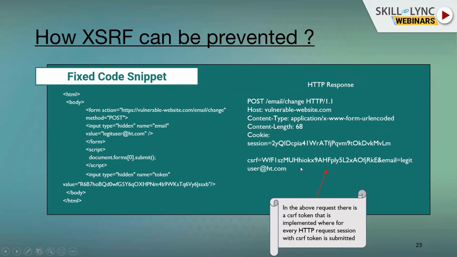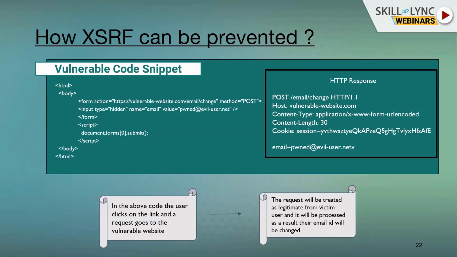The server will send a CSRF token and request the client to use that CSRF token while sending the next set of requests to the server, the next POST request or whatever it is, so that even a hacker who's trying to lure the user, the server would check for the CSRF token.